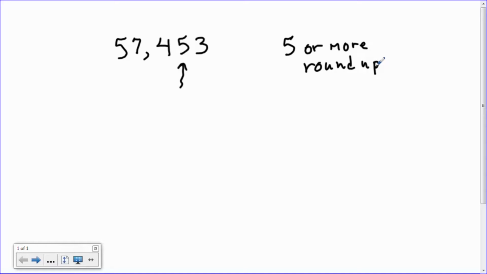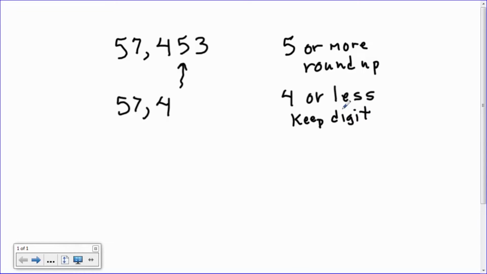So if we were approximating or rounding to the tens place, it would be 57,400. Now, since it's a 3 and not a 5, what we do if it's 4 or less is we simply keep the digit and truncate.